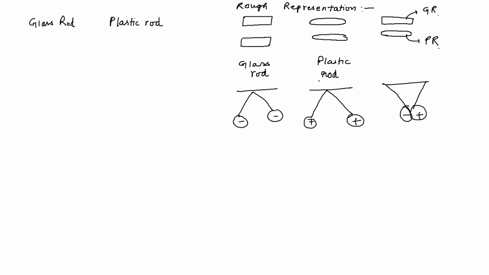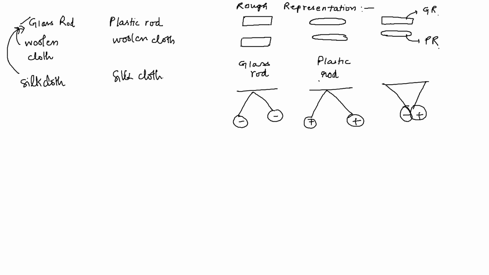Okay, so we are having one woolen cloth, here also woolen cloth, the other cloth is silk cloth, here also silk cloth. Okay, so we are rubbing our glass rod with woolen cloth and we are rubbing our glass rod with silk cloth.